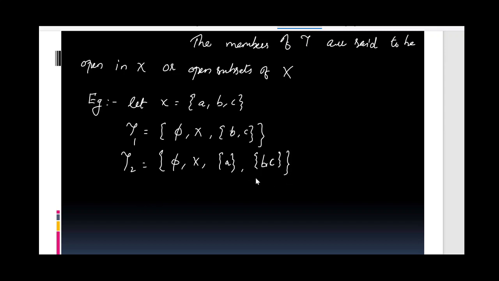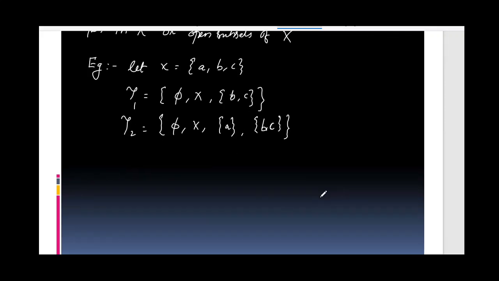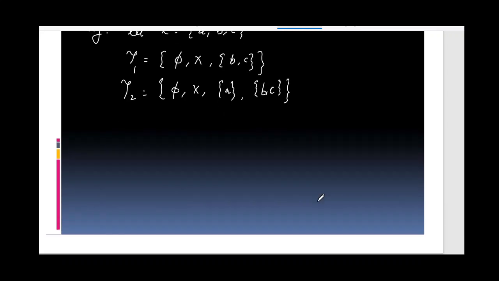There are so many topologies you can define on this three element set; I have mentioned only a few. The only thing is that you want to check whether the three conditions hold: the empty set and entire set are in the collection, the arbitrary union of members is in the collection, and the finite intersection of members is in the collection. We will have lots of other examples too, after having two definitions.